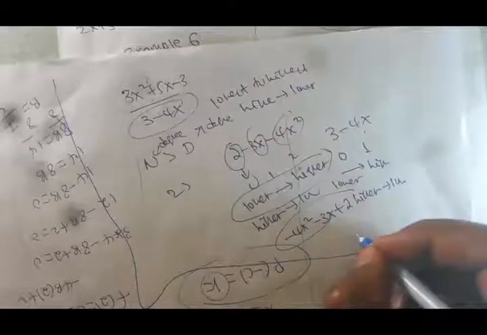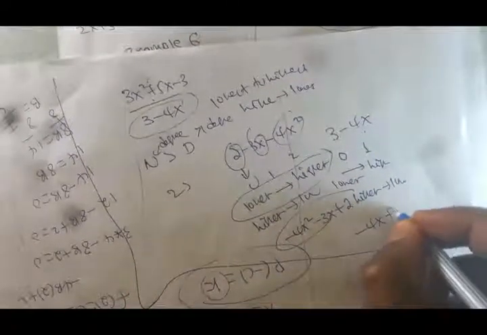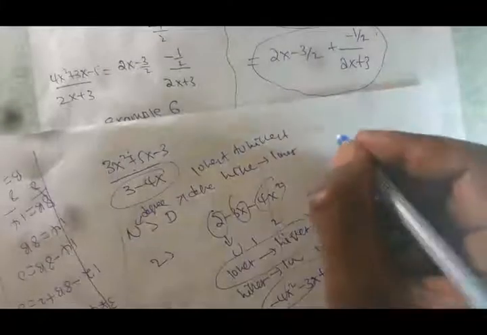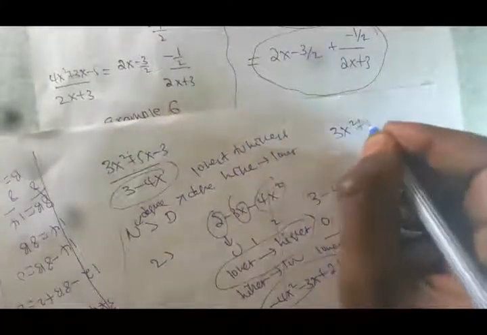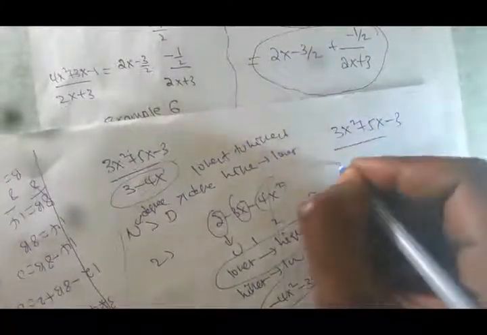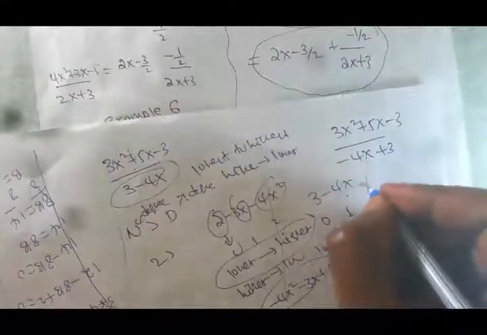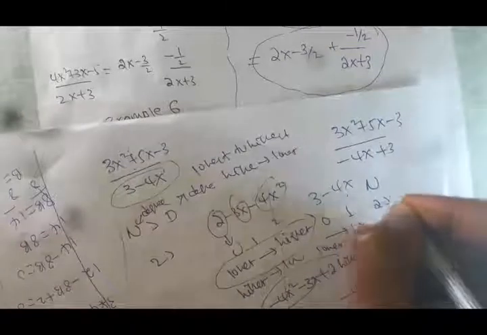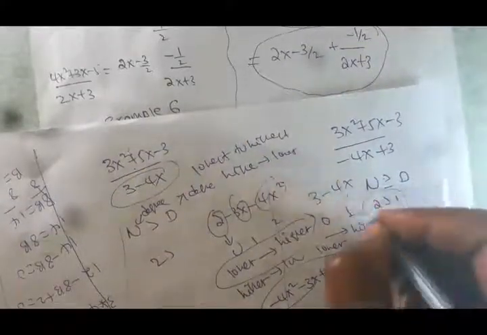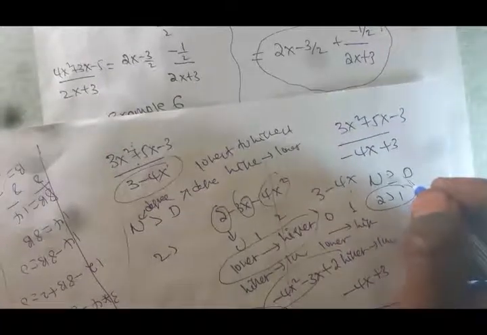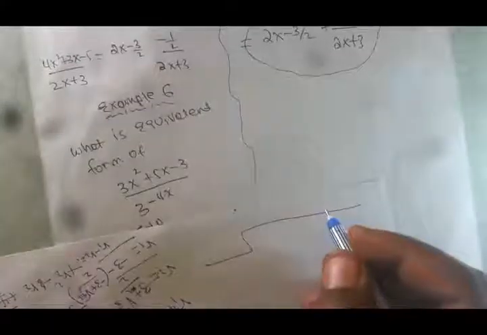Therefore we have to rearrange: minus 4x plus 3. Therefore 3x squared plus 5x minus 3 over minus 4x plus 3. Numerator highest degree 2, denominator highest degree 1. Therefore 2 is greater than 1, we can make a long division.